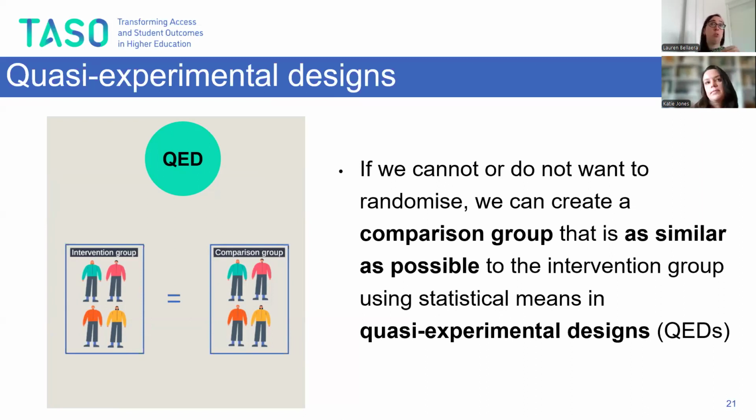What we do there is take the students that have just been cut off below, and we use that to create your comparison group. That's just one example of the techniques you can use. In the next webinar, which is next Thursday, we will be talking about that in more detail.